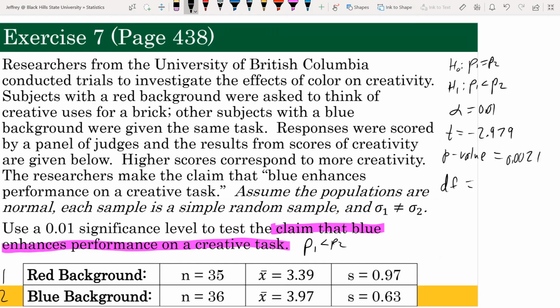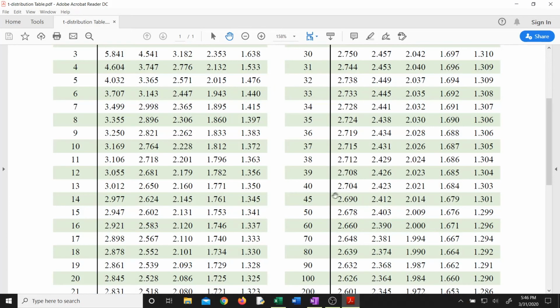So our degrees of freedom, according to the Excel spreadsheet, is 58.11153827. Now notice in this case that we do not actually have 58. So if we were to use the table, we'll just have to assume that degrees of freedom is 60, which is going to be the closest number that we have to 58.